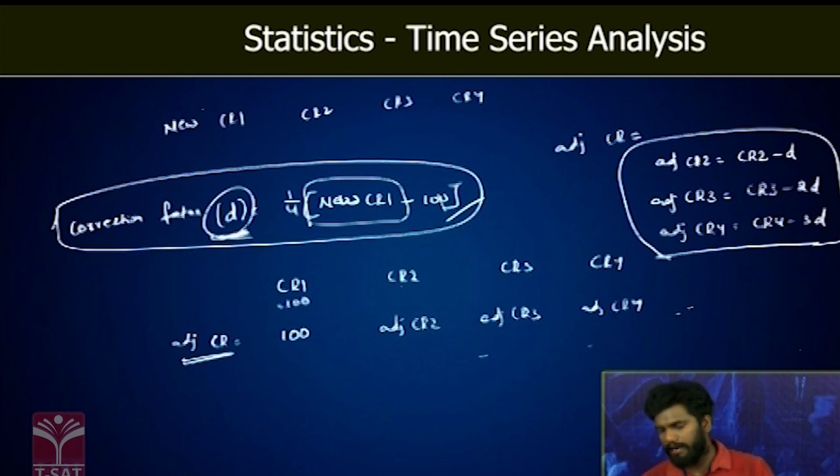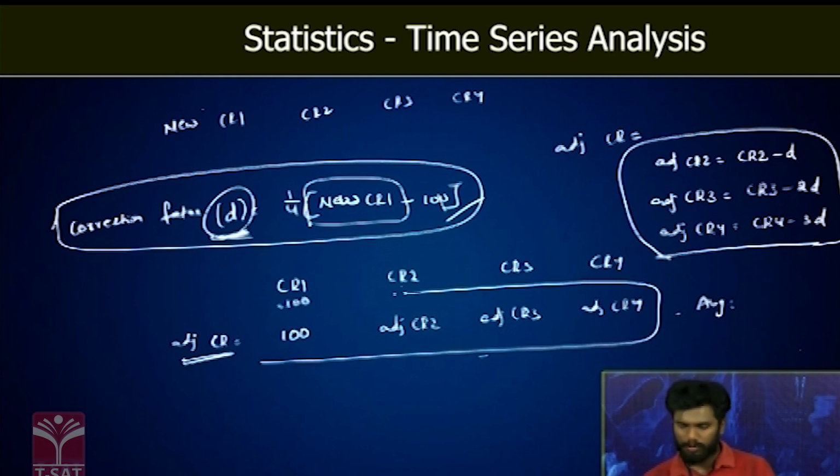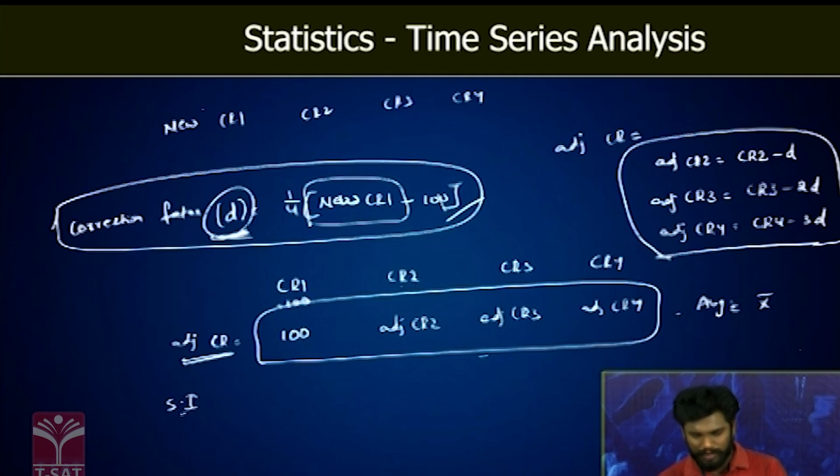So we have to find the average of all these values. Let us consider it as X bar. Now after we get the average, the last step is the seasonal indices. The seasonal indices are given by 100, that is CR1, the chain relative for Q1, divided by this average X bar into 100.